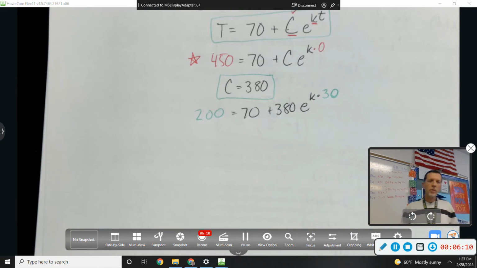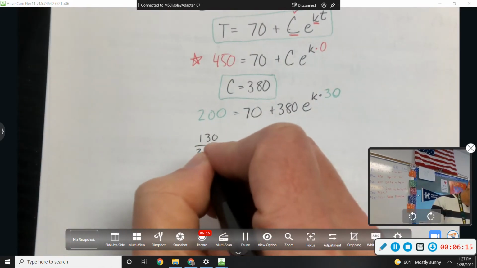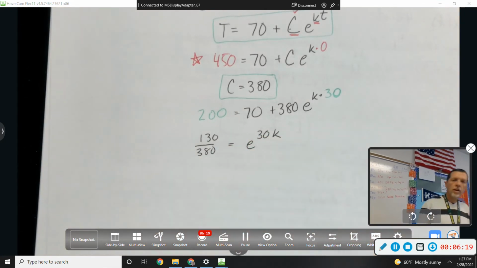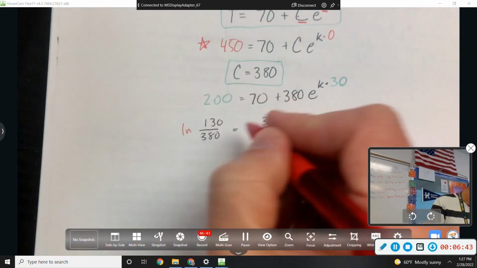So a little bit more algebra involved on this one. Skipping algebra steps like crazy here. Subtract 70, divide by 380. What do you want to do next? How do I get k by itself? Natural log both sides.